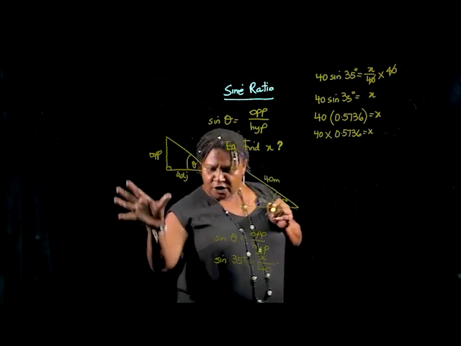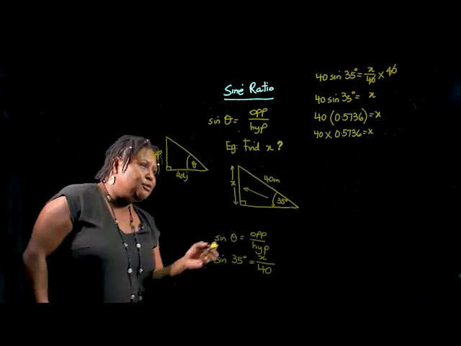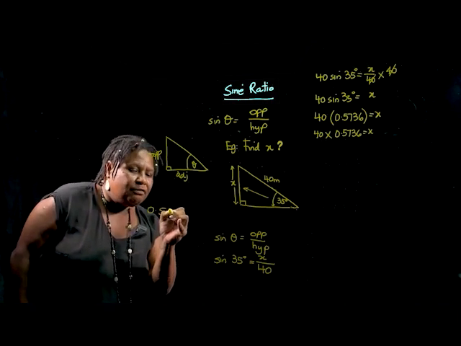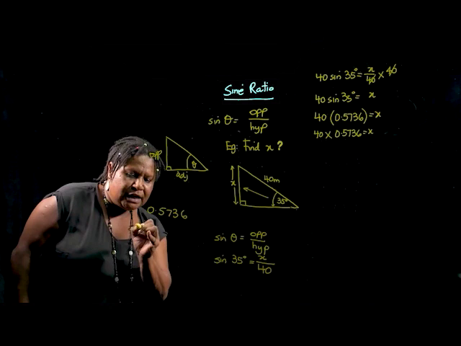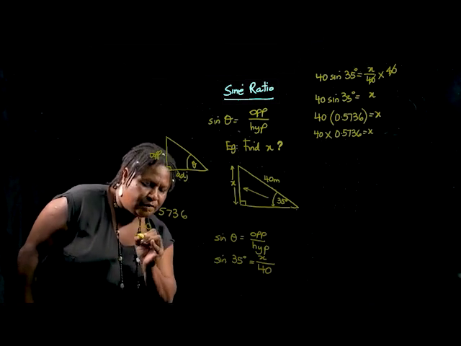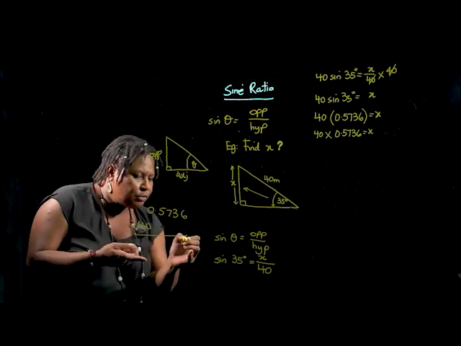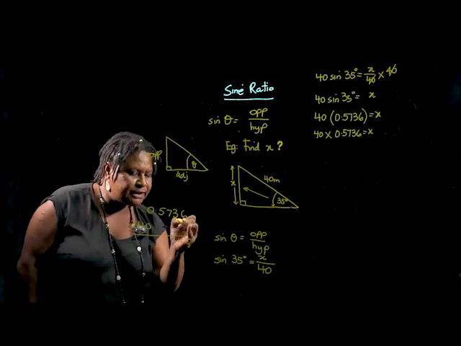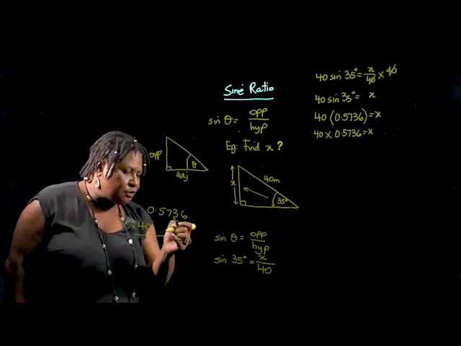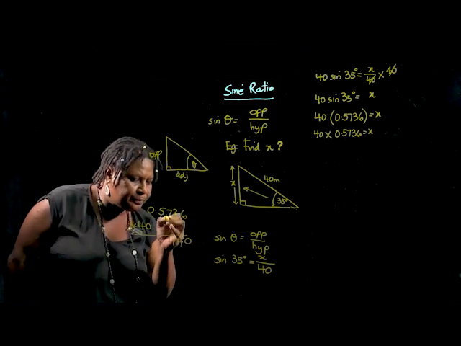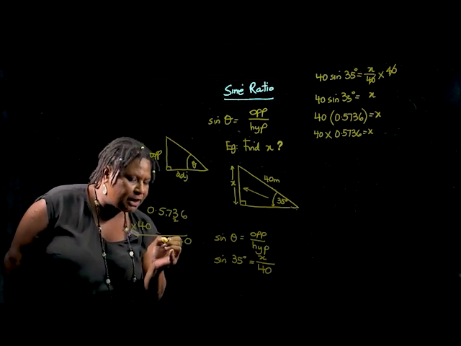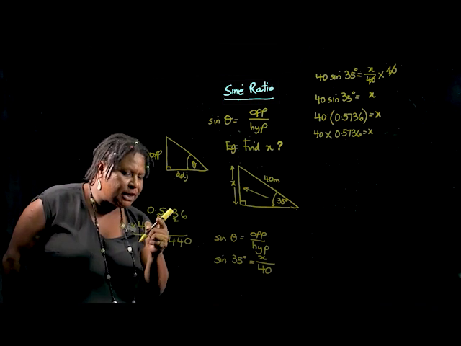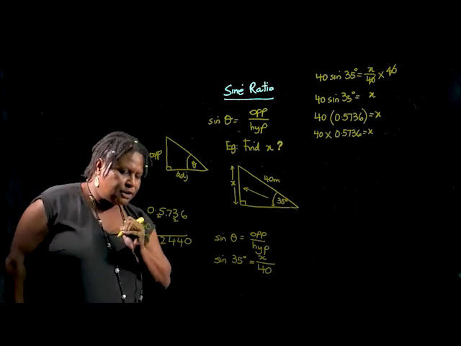So let's come to this corner here where we have a bit of space and do that multiplication. So we have 0.5736 multiplied by 40. Put down 0. 4 6s are 24. 4 3s are 12 plus 2 is 14. 4 7s are 28 plus 1 is 29... 4 7s 21 plus 1 is 22. And 4 5s are 20 plus 2 is 22.